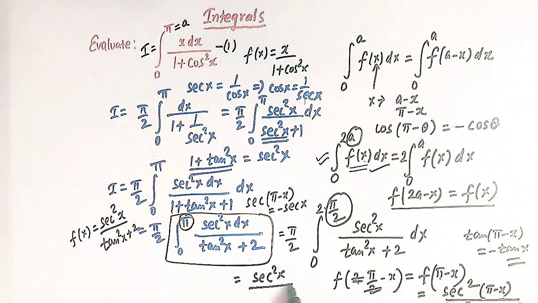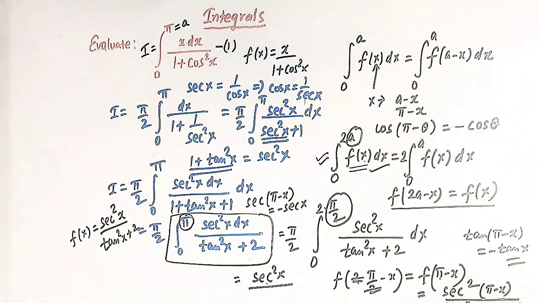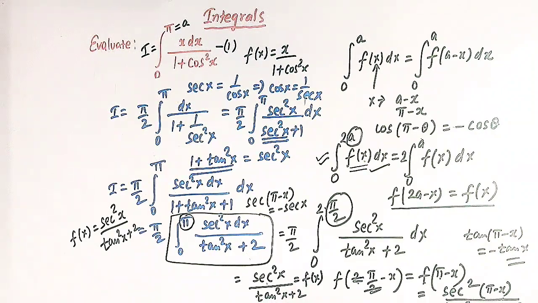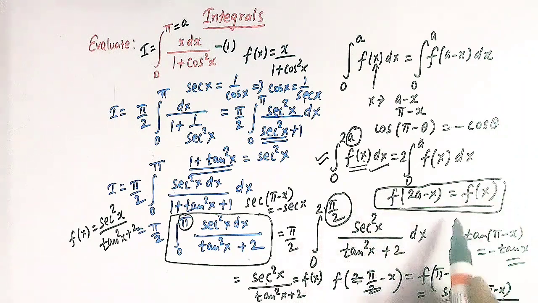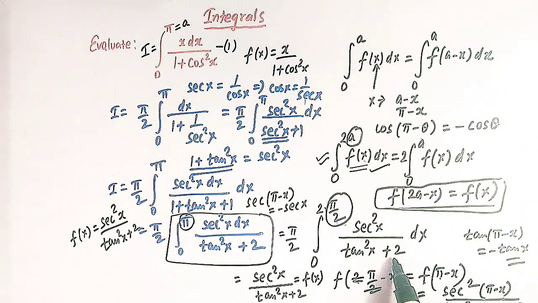So we have simply secant square x, and similarly tan of pi minus x is negative tan x, and when we take the square, this negative sign becomes positive, so we are left with tan square x, and here we have 2. So this function is again equal to our original function f of x. So we can see that this condition holds for this function, that is secant square x over tan square x plus 2.